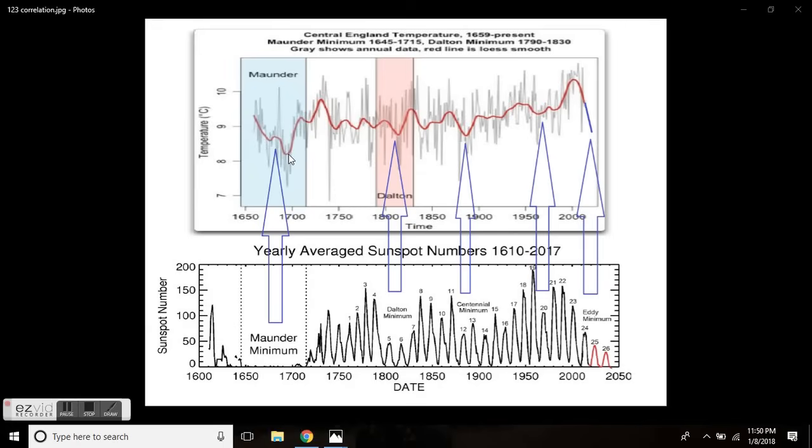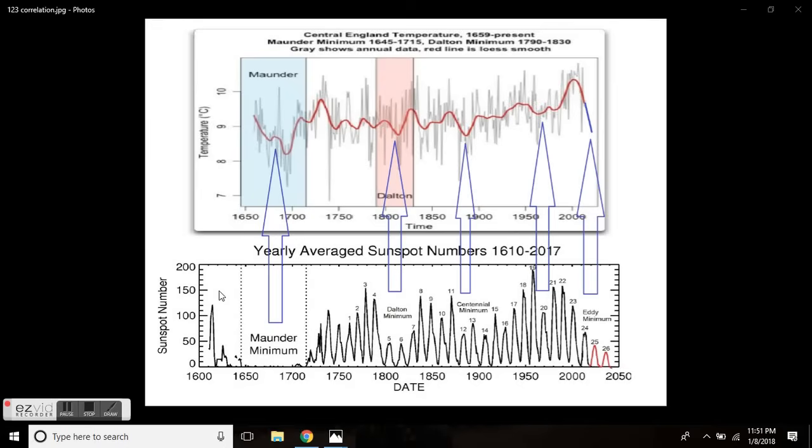In central England, there was a very cold period during the Maunder Minimum, right before 1700, probably from 1680 to 1700, and then a very cold period during the Dalton Minimum, maybe 1810 to 1820.